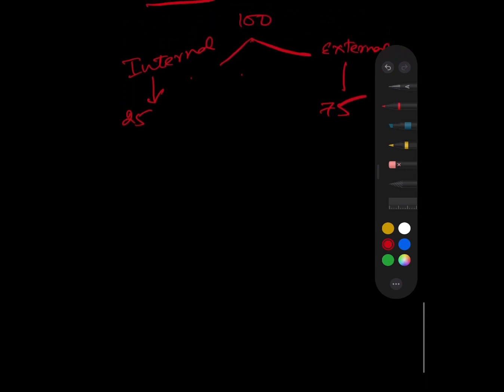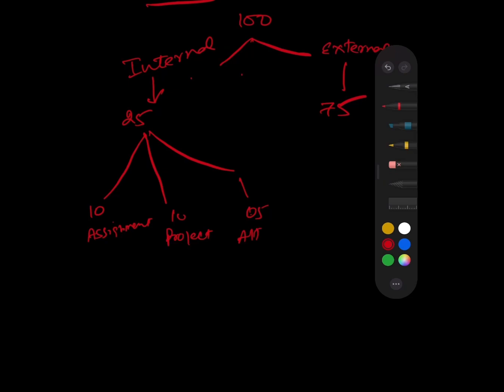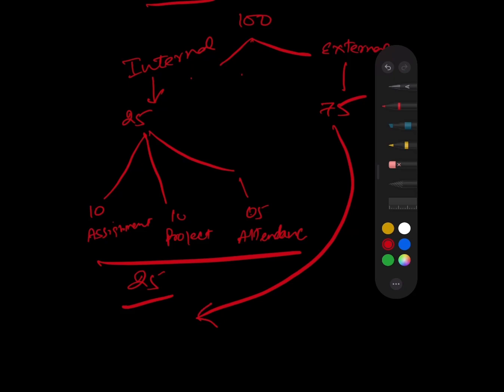In this 25, we have 10 marks for assignment, 10 marks for project, and 5 marks for attendance. This is 25 marks. This is actually the internal assessment done by the faculty members.